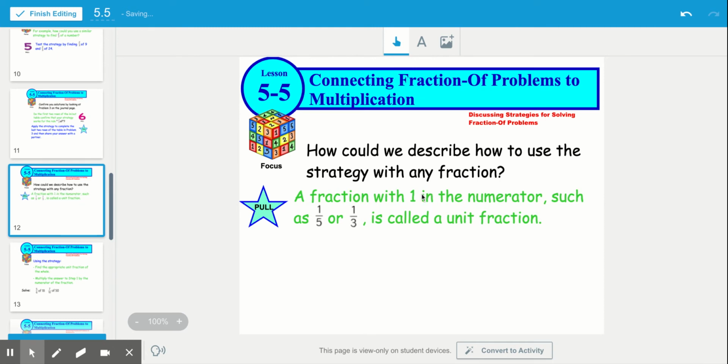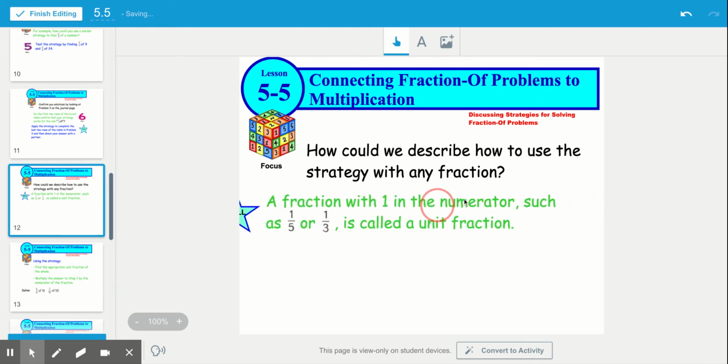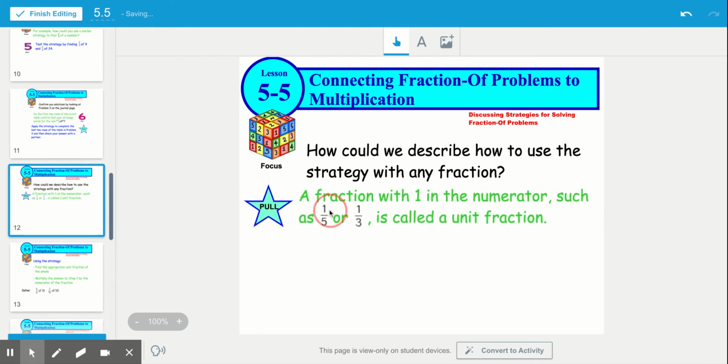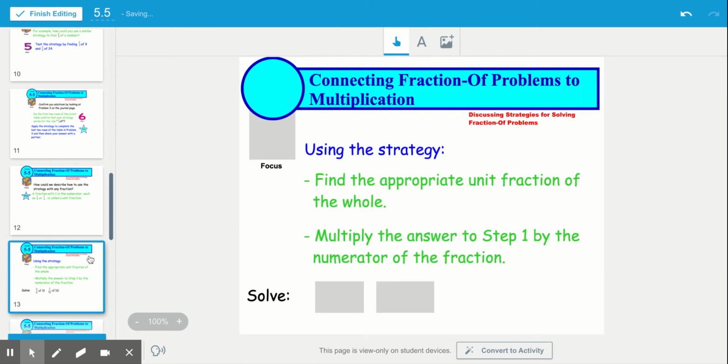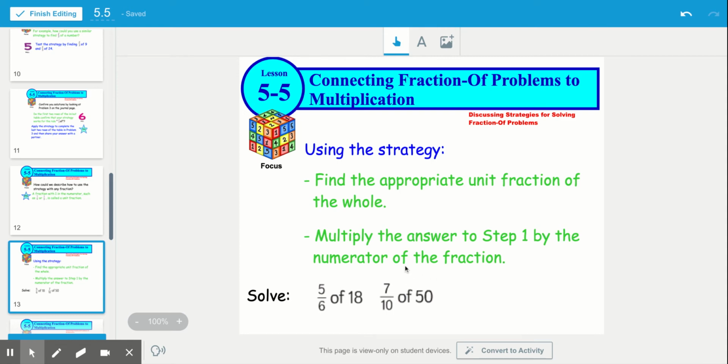A fraction with 1 in the numerator, such as 1/5 or 1/3, is called a unit fraction. That means it represents one part, a unit of it. So first, find the appropriate unit fraction of the whole number, and then multiply the answer in step 1 by the numerator.